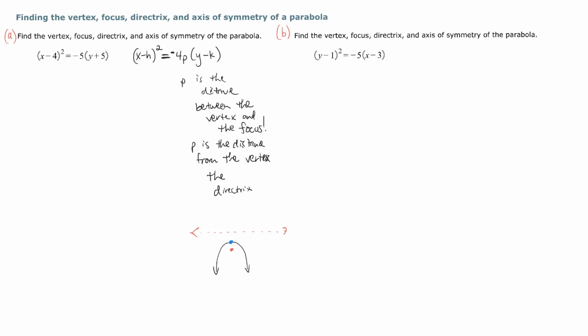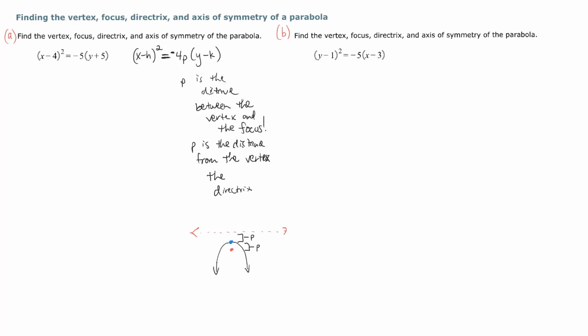The distance between the vertex and the directrix is called p. The distance between the vertex and the focus is called p. That follows from the geometry of a parabola. This is why we call this the definition of a parabola, because it is a very geometric definition.